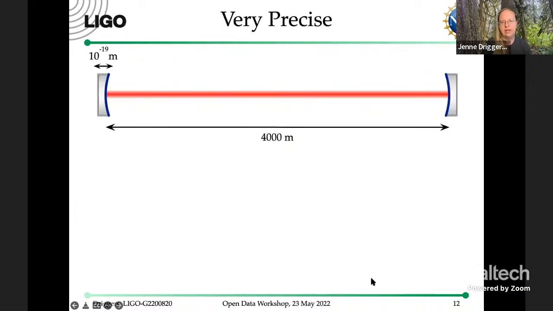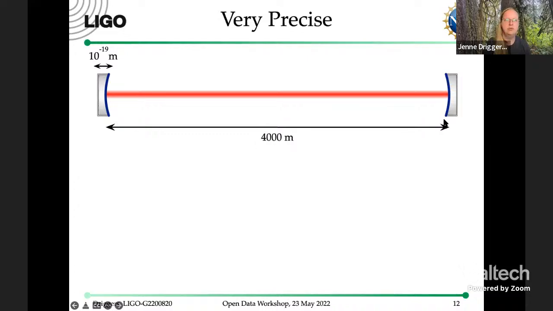This is just another way of thinking about it, just to really clarify, because it's such an impressively small number that we're measuring for the distance in meters. What really matters is not the individual motion of a mirror, but the motion of the mirror divided by the beamline that it is looking at. For LIGO, that's 4,000 meters, 4 kilometers.